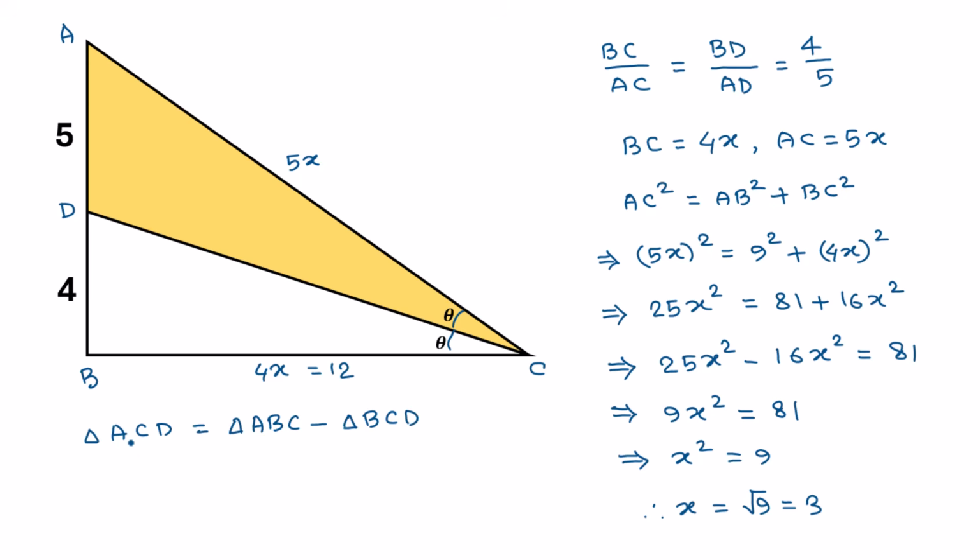So this yellow area will be the area of the whole triangle minus the area of this small triangle.